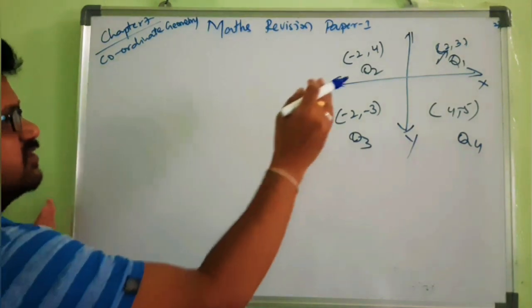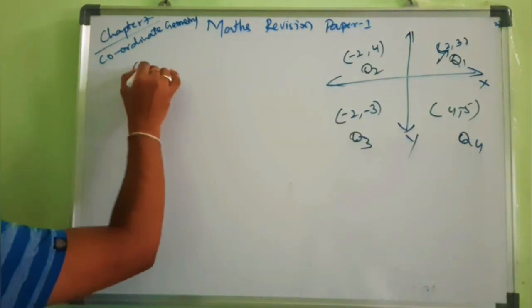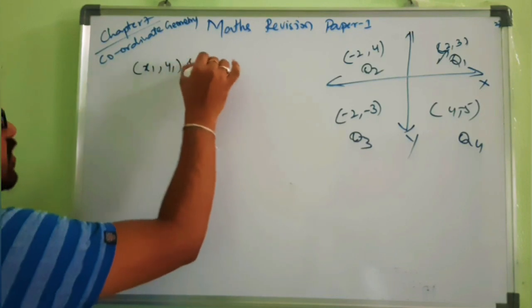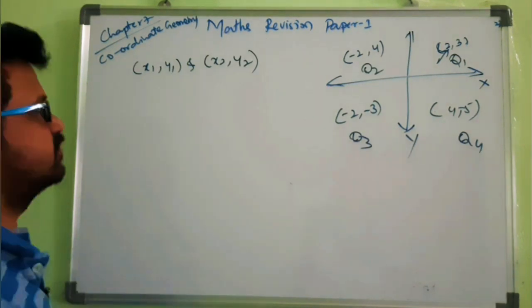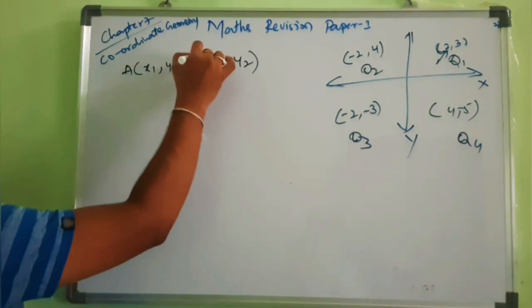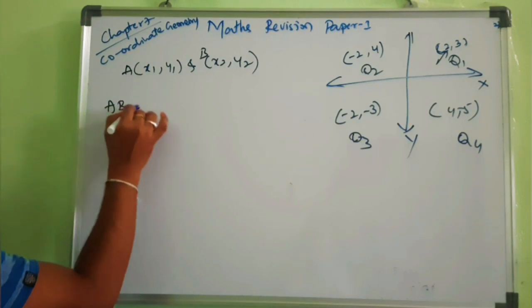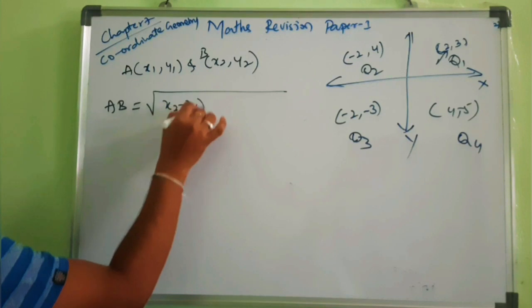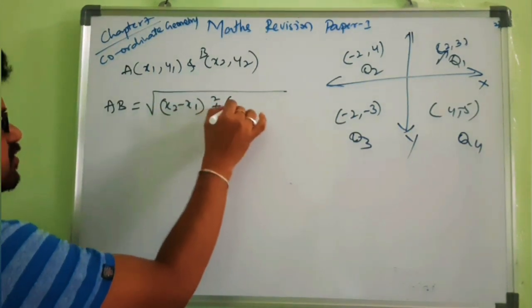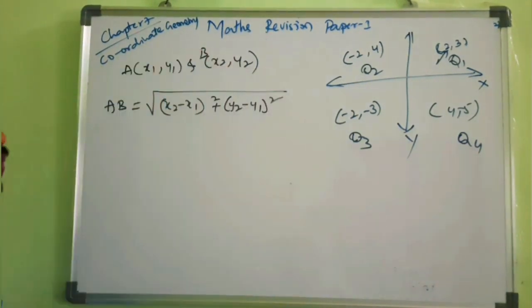Now the distance between 2 points, for example, x1 y1 and x2 y2. To find the distance between the 2 points, let us take these as A and B. So AB is equal to square root of x2 minus x1 whole square plus y2 minus y1 whole square.